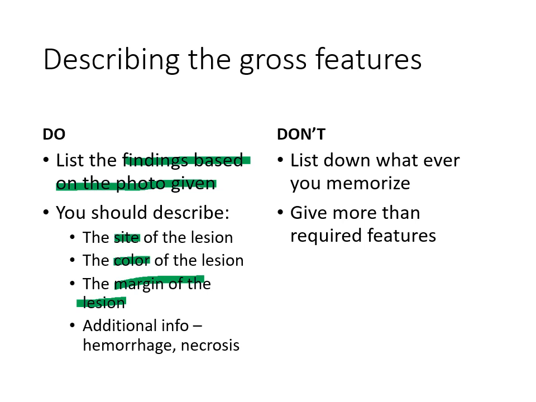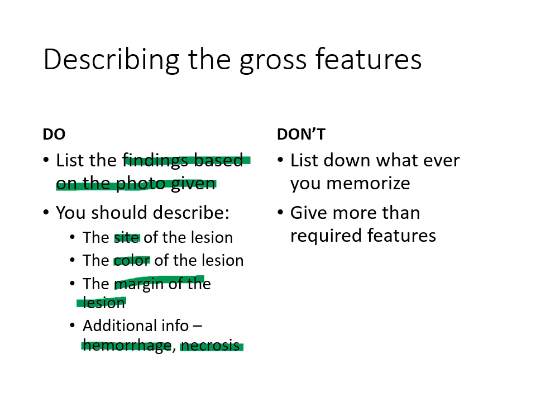Apart from that, there may be additional information, for example hemorrhage, which usually appears red or blackish in the gross photos, or necrosis, which usually appears grayish or pinkish in color.